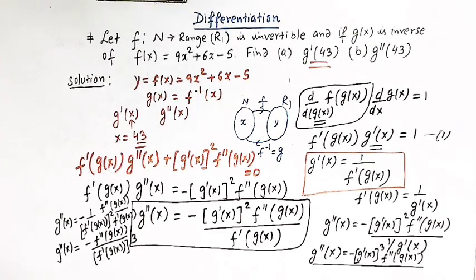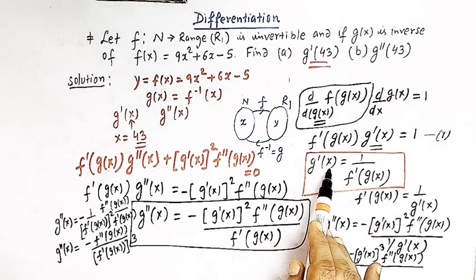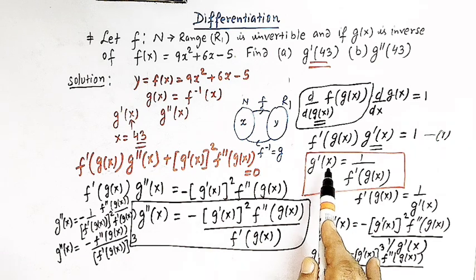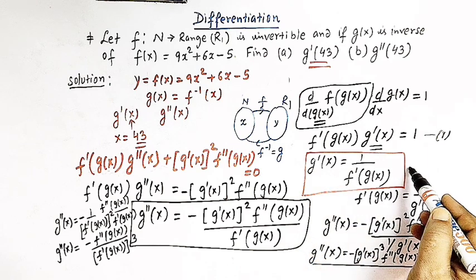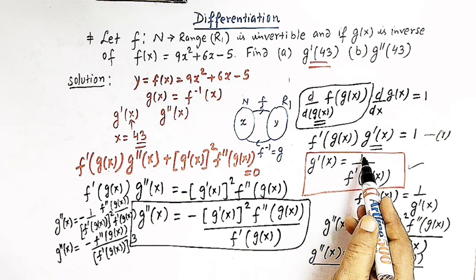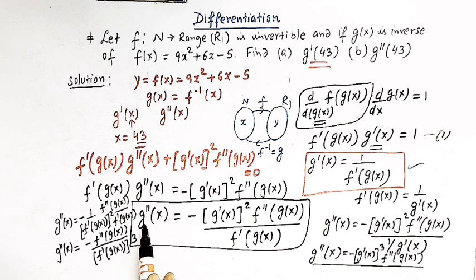So viewers, this is how we have derived the expression for the first derivative of the inverse function and the second derivative of the inverse function. The first derivative can be obtained by using this result, that is g prime of x is equal to the reciprocal of f prime of g of x, and the second derivative of g of x can be obtained by using either this result or this result or this result.